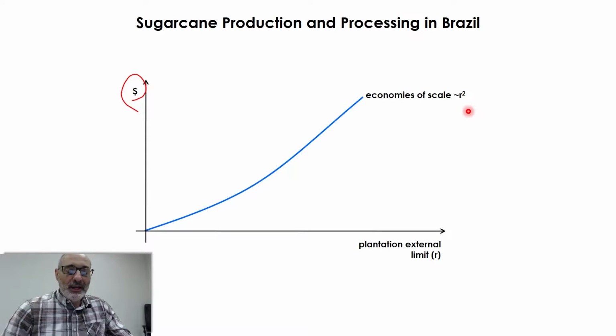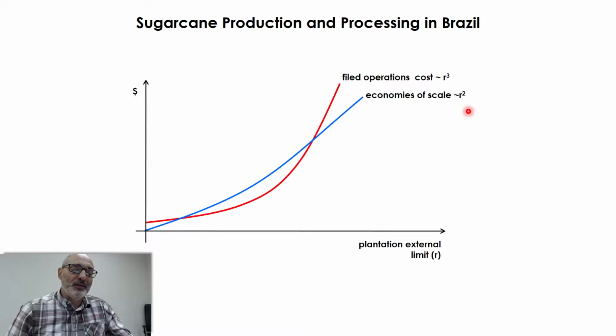Let's think about the expenses. The expenses are mostly related to not field operation, but field operations. And for field operations, the cost is proportional to what? Well, it's proportional to the amount of biomass.